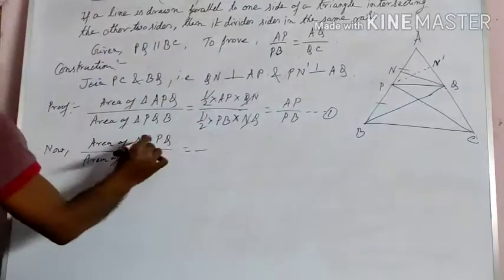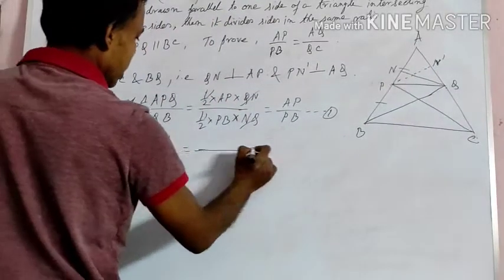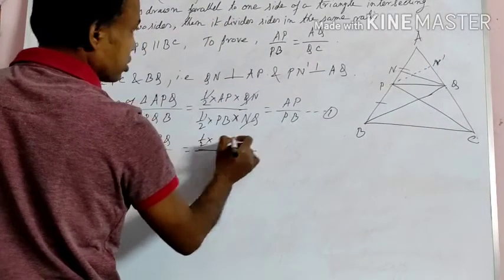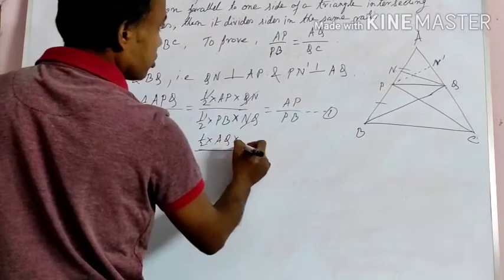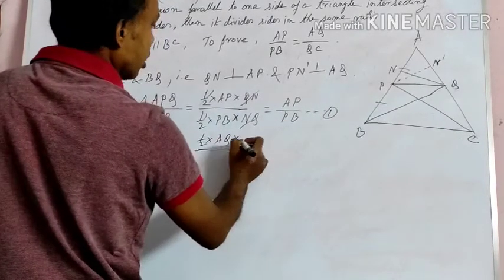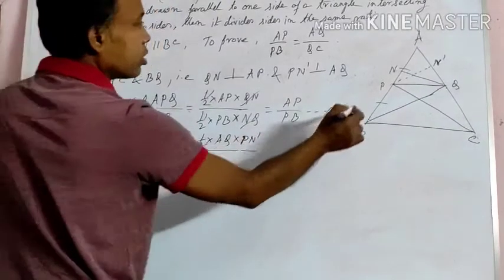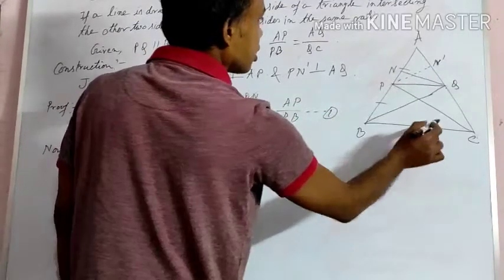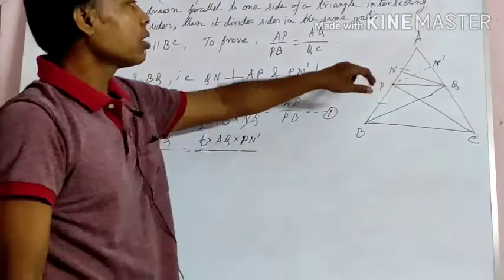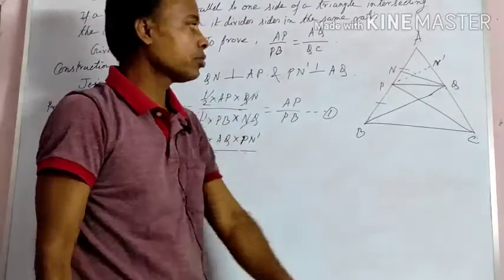So area of triangle APQ is equal to half base AQ into height PS. If AQ is your base, then the height will be PS.